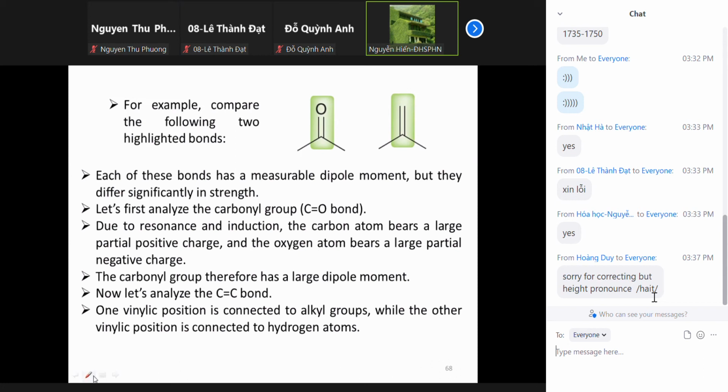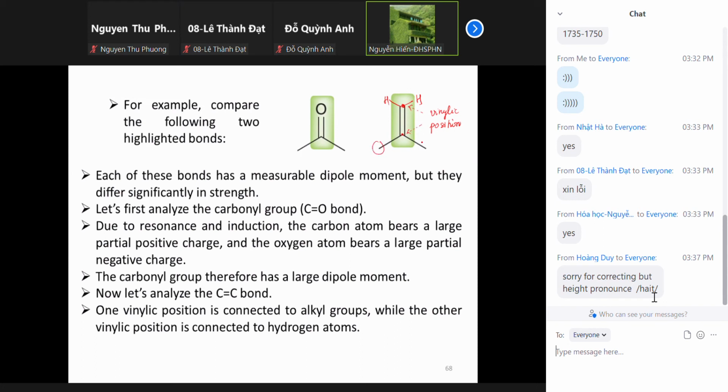So this is a vinylic position, and the first vinylic position is connected with two hydrogen atoms. And the second vinylic position is connected with two alkyl groups.